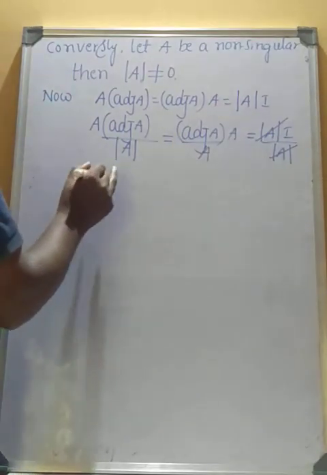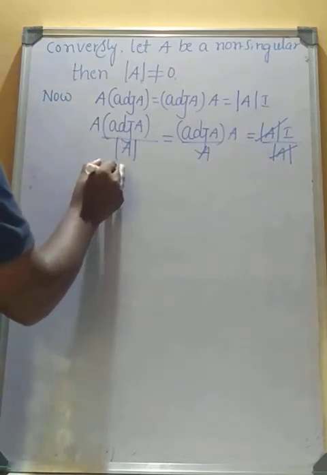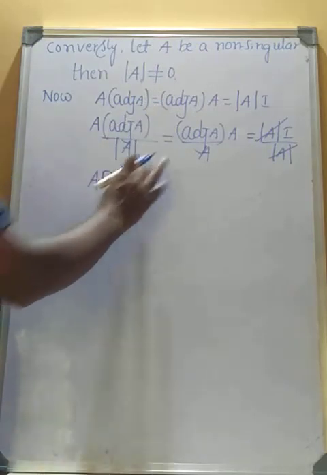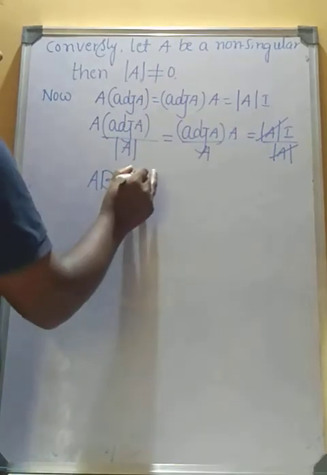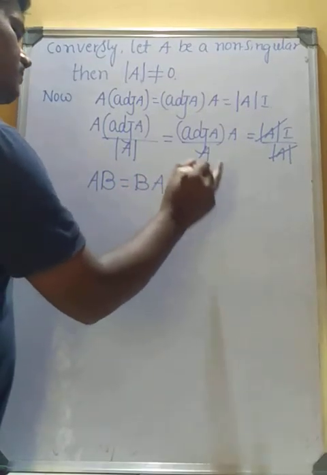A into adjoint A by determinant of A, this is called B, equals also B into A is equal to I.